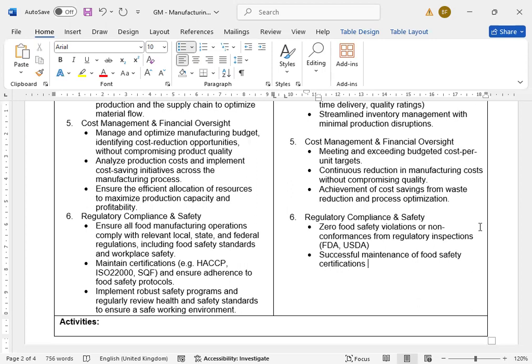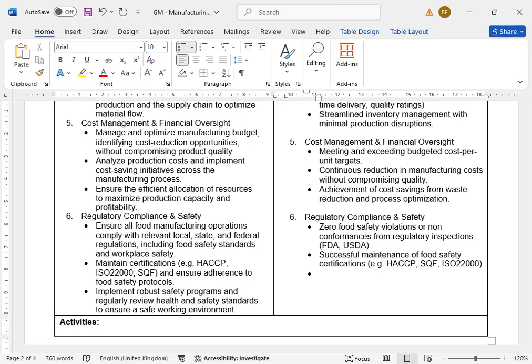I'll give you examples, for example HACCP, SQF, ISO. Okay, what else? What else do I need to include here in our success indicators for number 6?